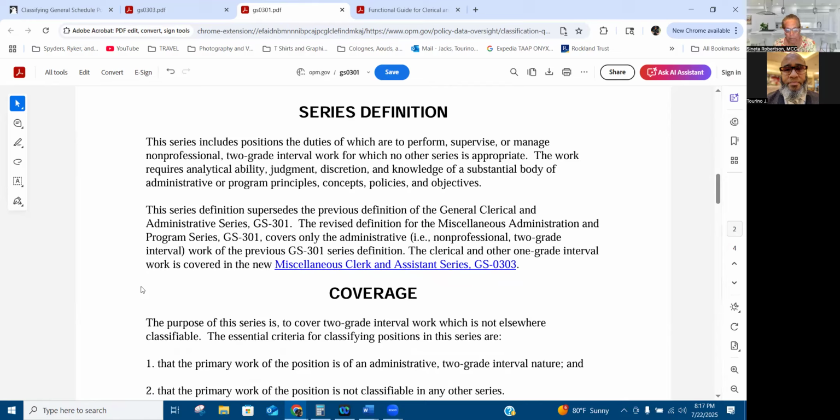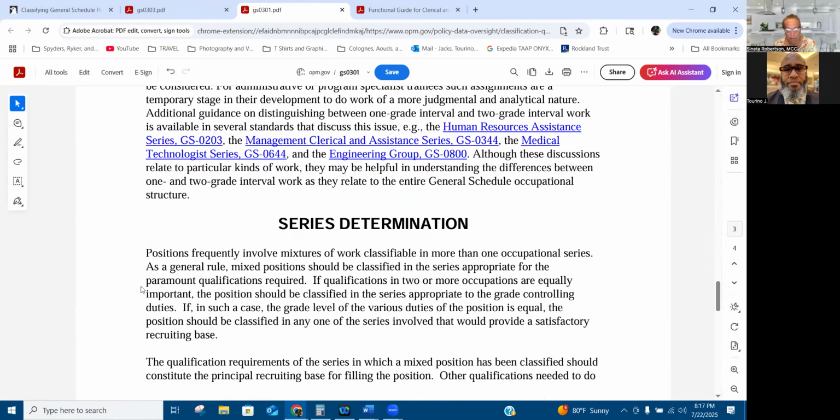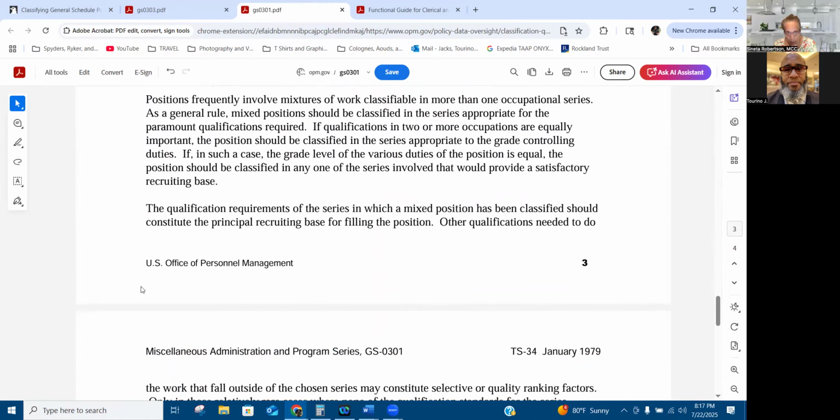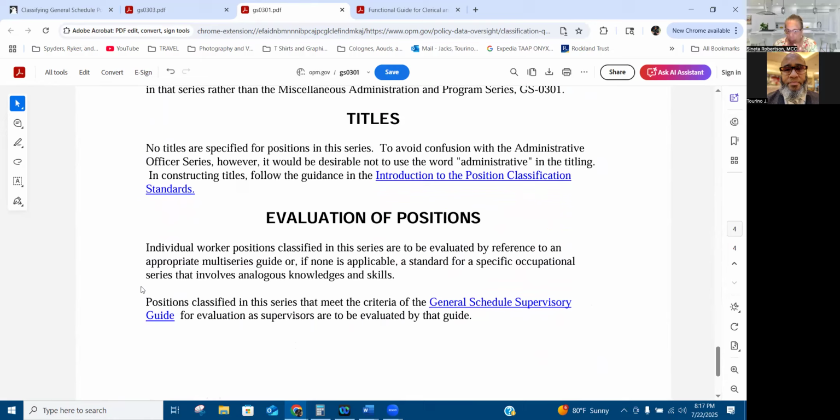To use that particular administrative guide, you have to compare the type of work being performed to the type of work listed here in the background information, occupational information.